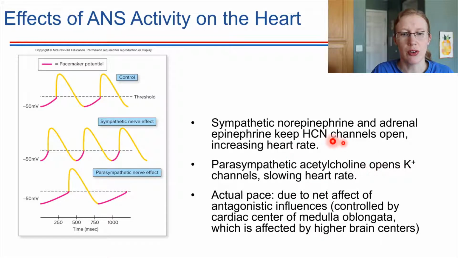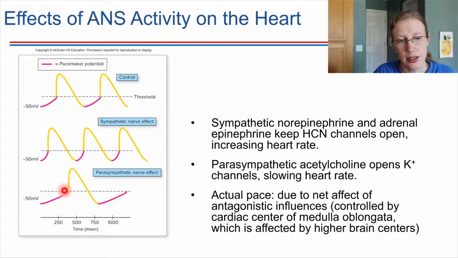Parasympathetic division uses acetylcholine, which causes potassium channels to open. So remember back with membrane potentials, sodium and potassium, their gradients are in opposite directions. So if potassium channels open, then potassium is going to be flowing in the opposite direction from sodium, and so it's going to take longer for the sodium leakage to end up leading to threshold.